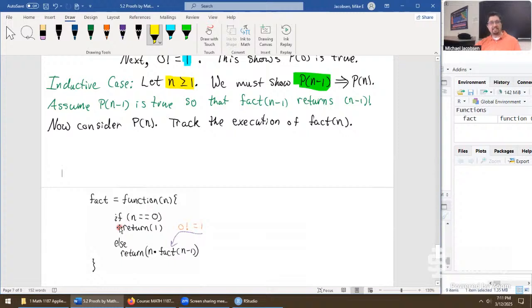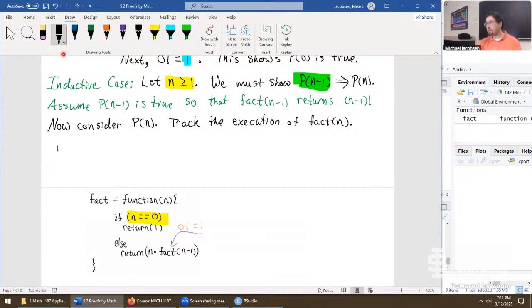It depends on n, so that's a tricky statement actually, right? But the one assumption we made on n is that it's greater than or equal to 1. That means the if block does not execute. It only executes in one situation specifically.